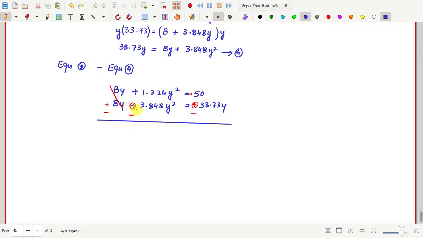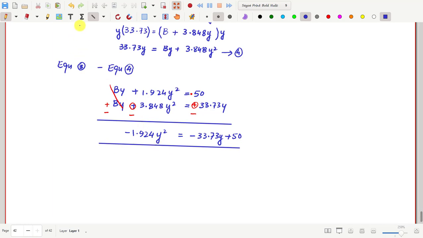And when you solve it, subtract 3.848 from 1.924, you will get the answer in minus, which is minus 1.924 y square, and is equal to minus 33.73y and then plus 50, right? So now the new equation we got is in terms of y.